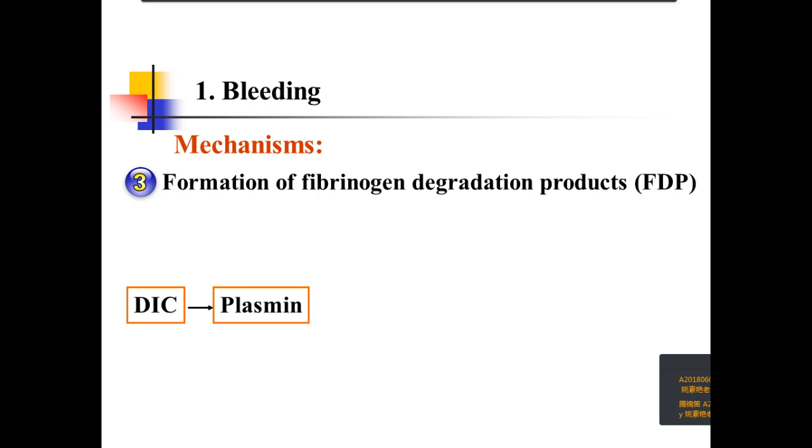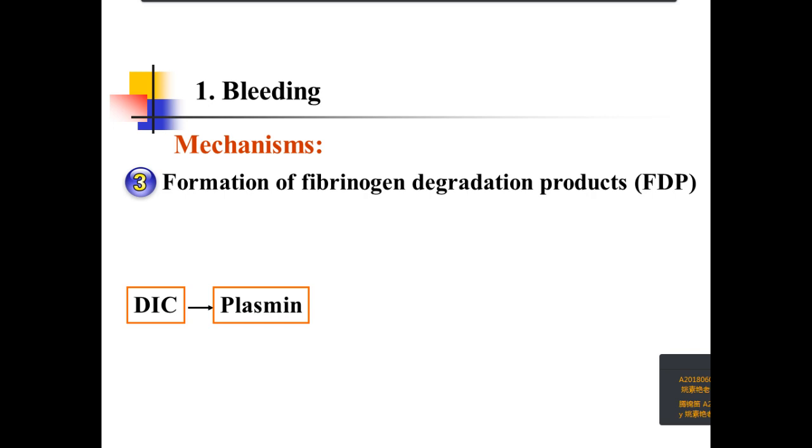During DIC, first coagulation function increases and forms microthrombus. So during the hypercoagulable stage the coagulation system is activated, and next the fibrinolytic system is activated, so it is called secondary fibrinolytic activation.